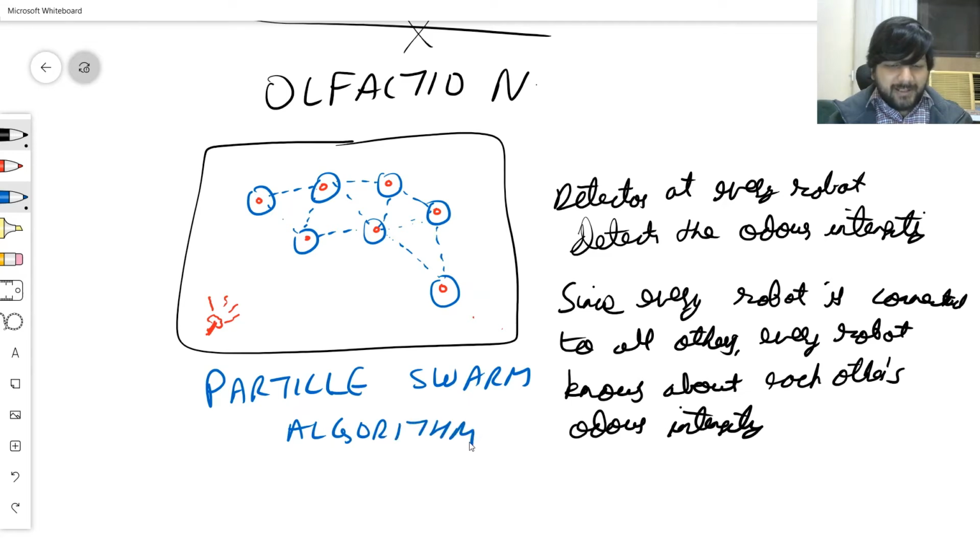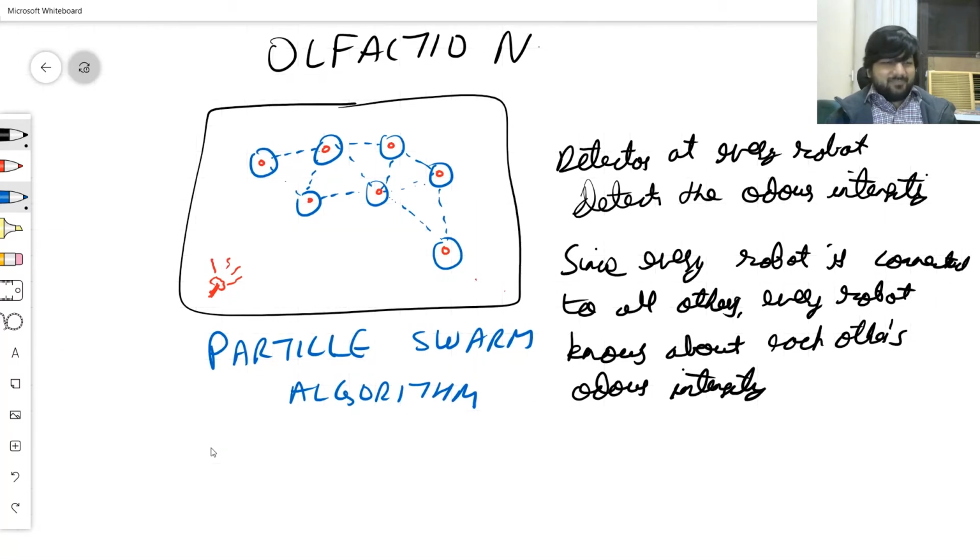If you already know this algorithm, you would have seen it working only in optimization. This time we're applying it on the physical robot. There the particles would have been something virtual. Here every particle is a real robot. So let's write it down. A particle means a real swarm robot.